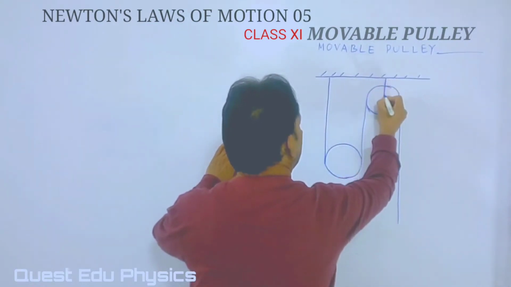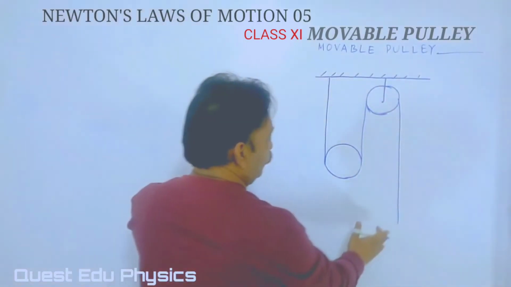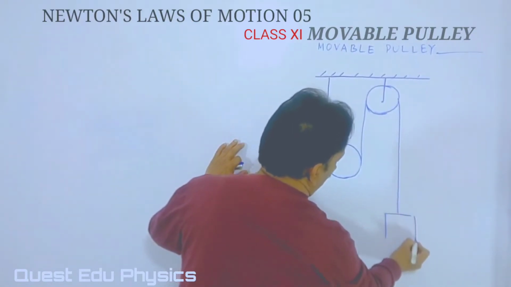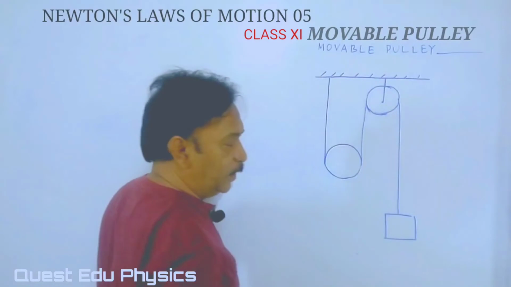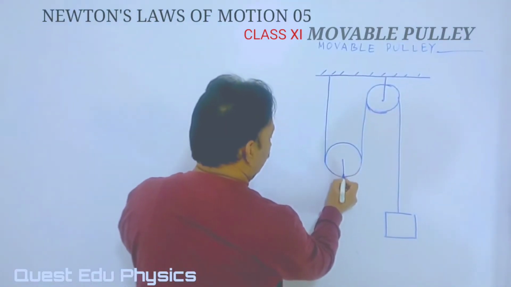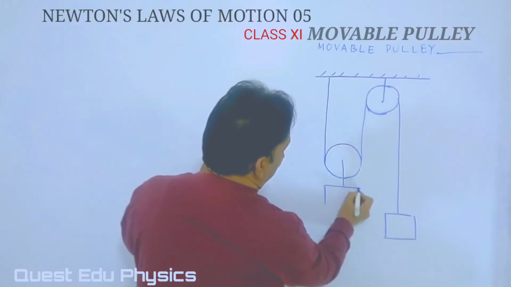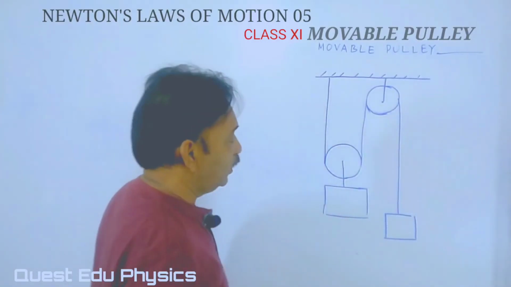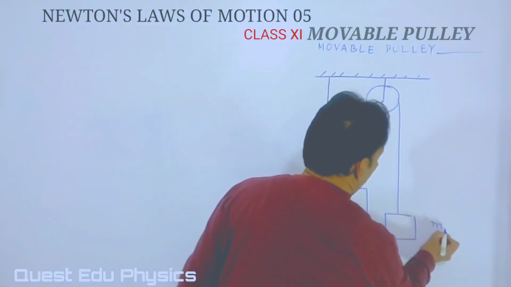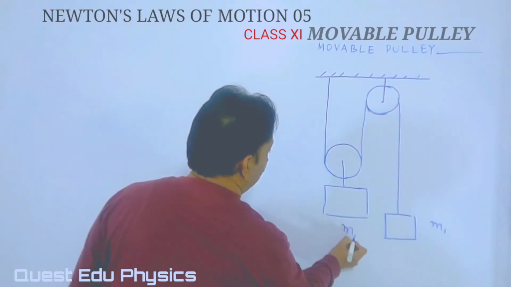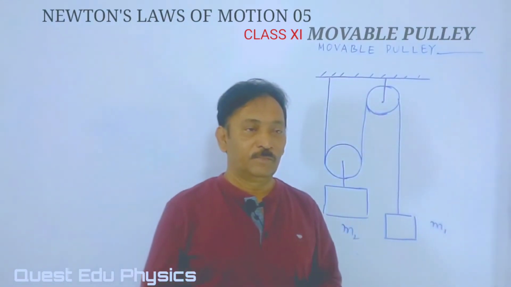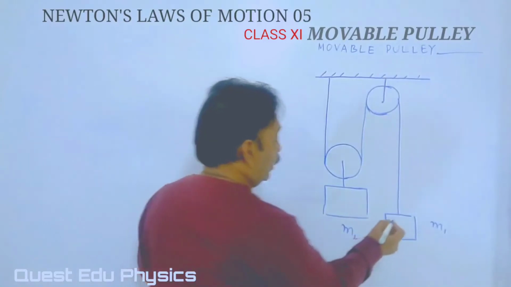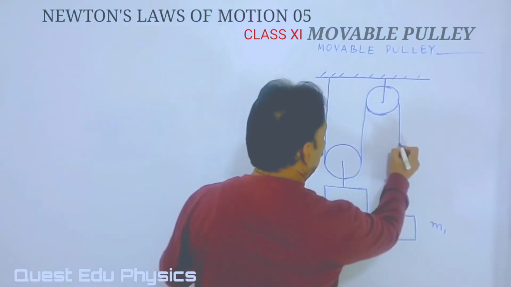It is fixed here. We suspended a mass and we attached another mass here. Okay, students, let's say it is mass m1 and it is mass m2. We have to find out the tension in the pulley as well as the acceleration.